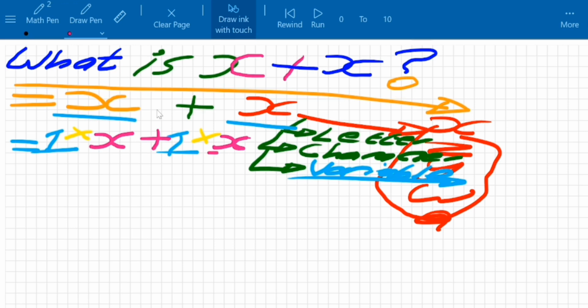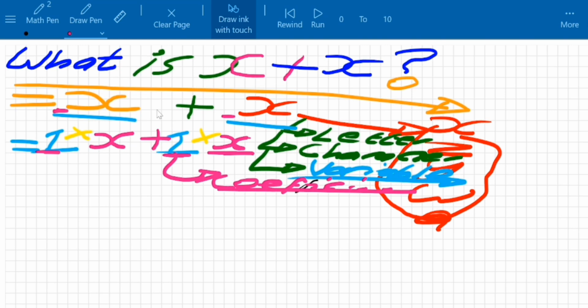So a variable goes with a number. This number is called a coefficient. If there's no coefficient like here, we assume that number to be 1.